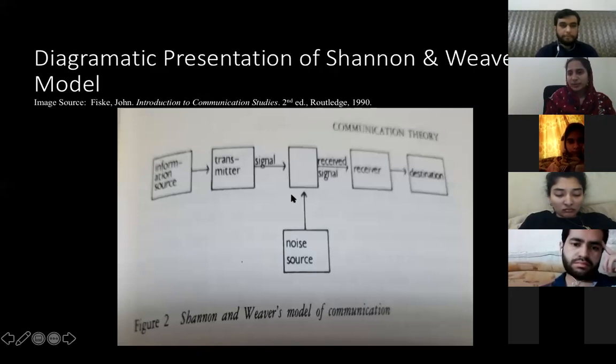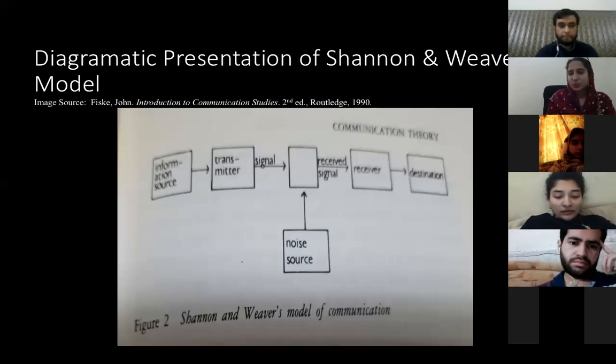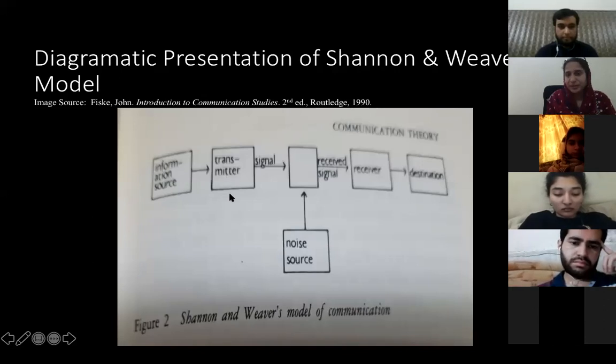Consider these two media, telephone and radio. This is how the model flows. It begins from a source. Let's say the source is telephone or radio. And then from the source, can you see my cursor when I move it? Can you see this cursor? Okay. From the source, the message goes to the transmitter.